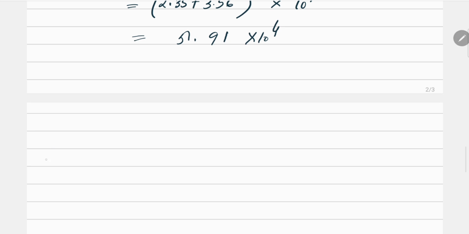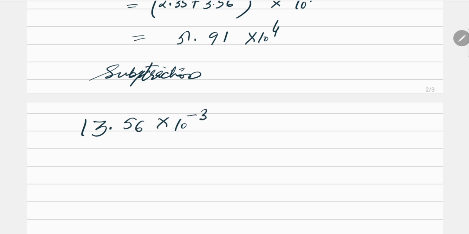Similarly, suppose we have to subtract them: 13.56 into 10 raised to power negative 3, minus 5.78 into 10 to the power negative 3.